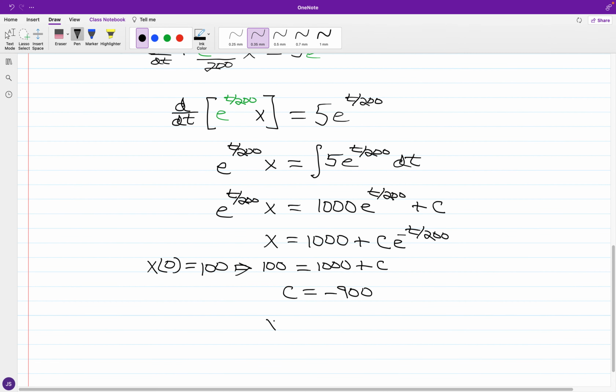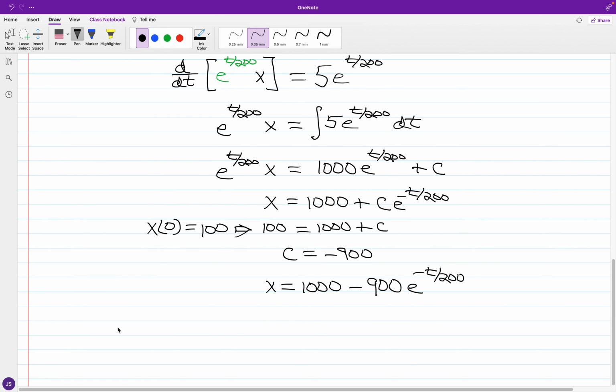So, for any time t, now that we have the value of c, this equation becomes more specifically 1,000 minus 900 times e to the negative t over 200. Now we're looking at how long it's going to take for the amount of salt to be 900 kilograms.